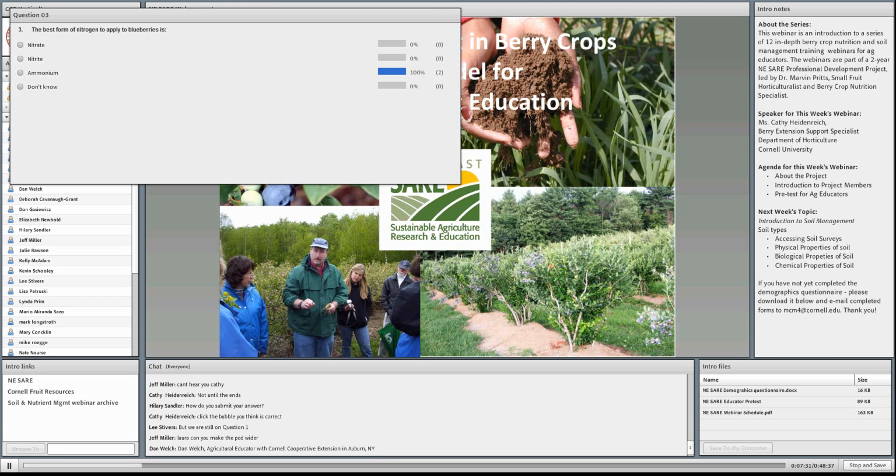The best form of nitrogen to apply to blueberries is, and again, if you don't know, please admit that and don't guess.